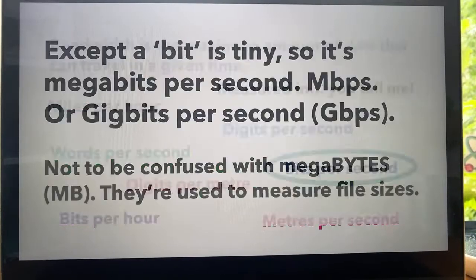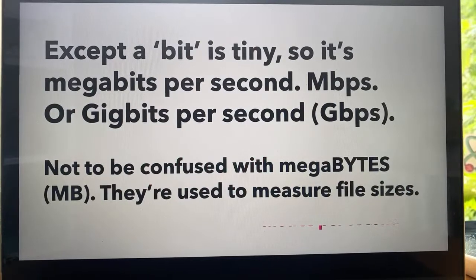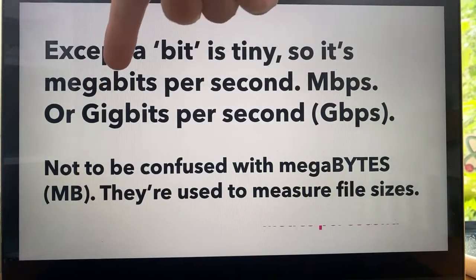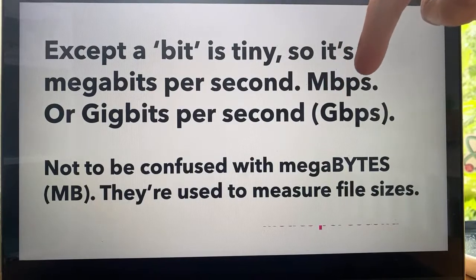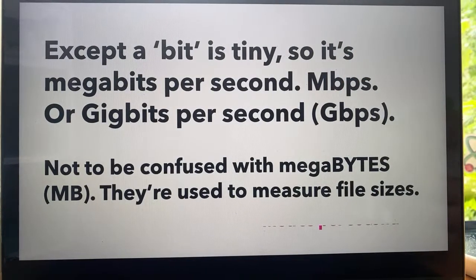Well done if you got that. Though a bit is so tiny it's pointless, so it's megabits per second, Mbps, or it could be gigabits per second, Gbps. Not to be confused with megabytes, which is used to measure file sizes.